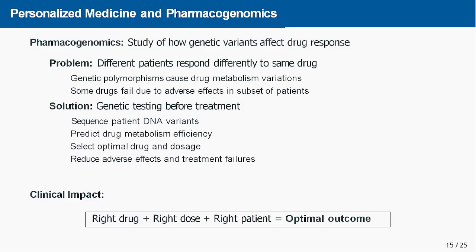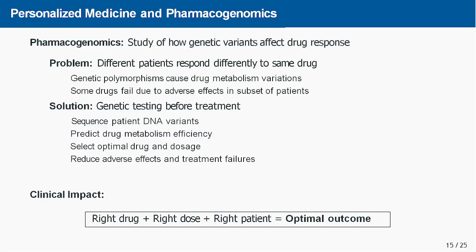Then select the optimal drug and doses. Once we know the sequence of DNA variants of a particular person, we can simulate and predict how efficiently the drug will be metabolized.